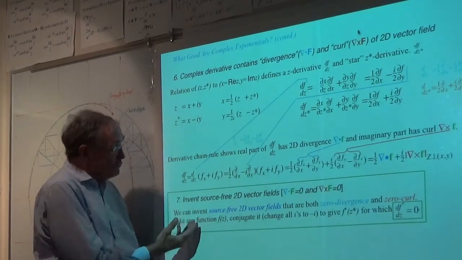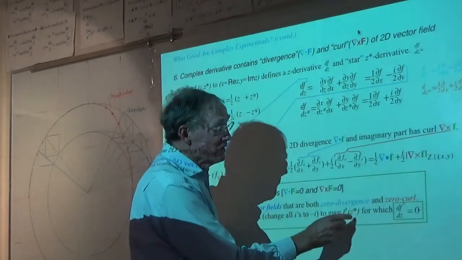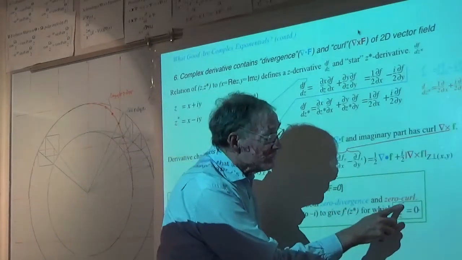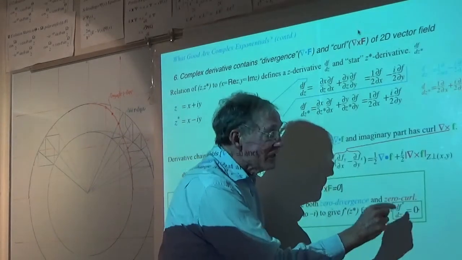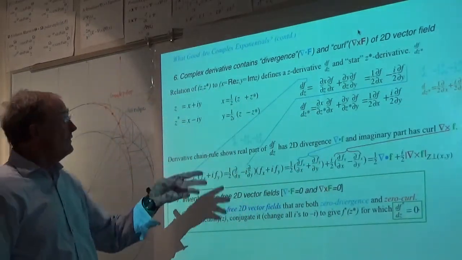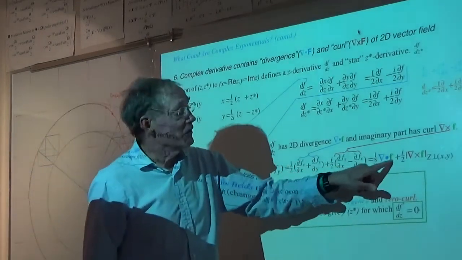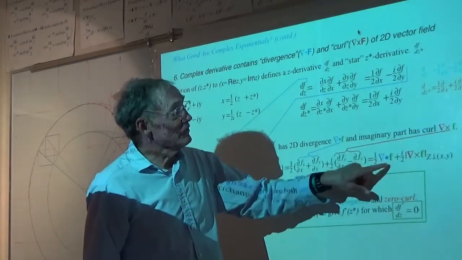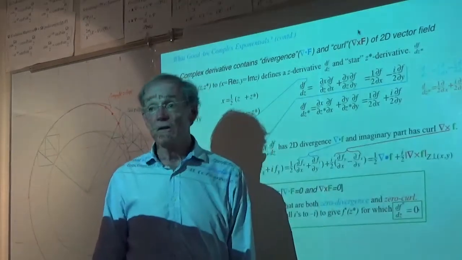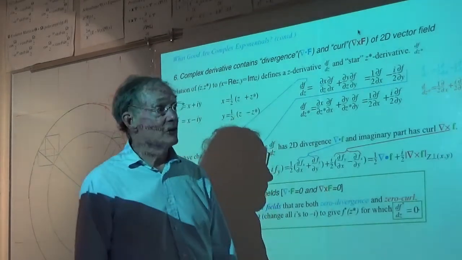I'm saying take a real function, then you don't have to have that star, but you do have to have this. And the idea is that df star with respect to z is identically 0. And you see the dz here consists of a term of divergence and curl. So if this comes out 0, that means both of these are 0 in the field.